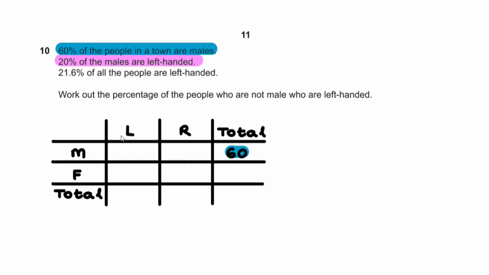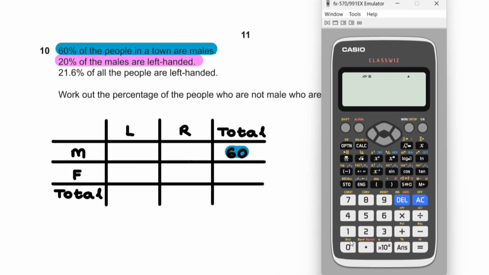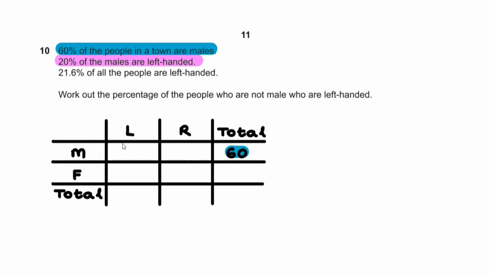So males left-handed will be 20% of 60, so we have 0.2 times 60, which is 12. So we have 12% who are males. Then we have 21.6 of all the people who are left-handed.